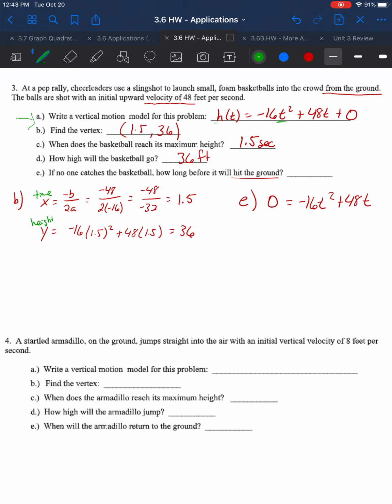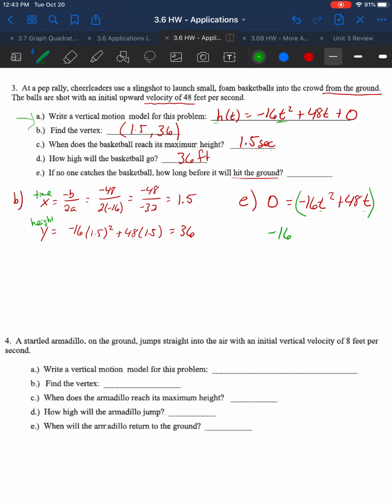Now, part E is the reason why I wanted to go ahead and work this additional one, because I still want to know hitting the ground. So that means my height is 0. I'm going to set my equation equal to 0. And I wanted to do this one because several of you are still getting a little stuck when there's no C value.